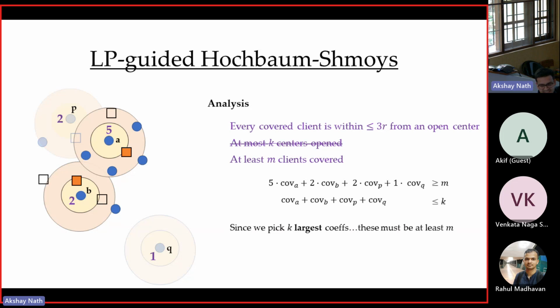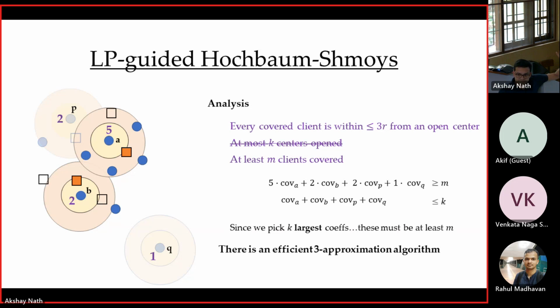So this is just arithmetic at this point. And therefore, I covered at least M clients, and that leads to this theorem. Okay, so we needed to solve an LP.